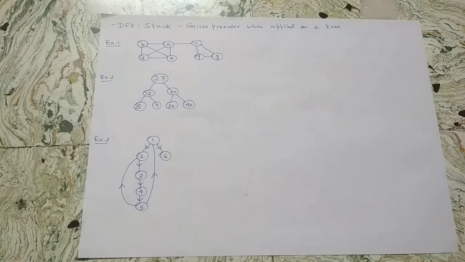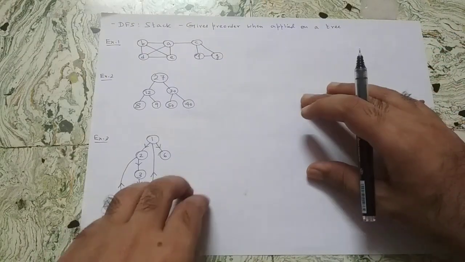Just one point you have to keep in mind when you're doing DFS is that you will try to traverse the depth. By depth, you mean you have to go till the end of a path, and once you reach a dead end, you have to backtrack and look for other possible paths. So let's see how we can go about it.